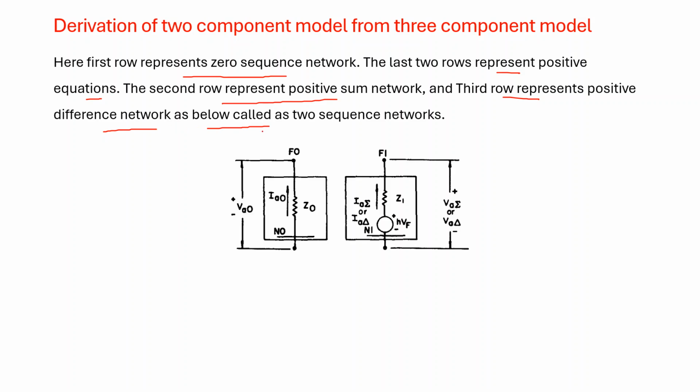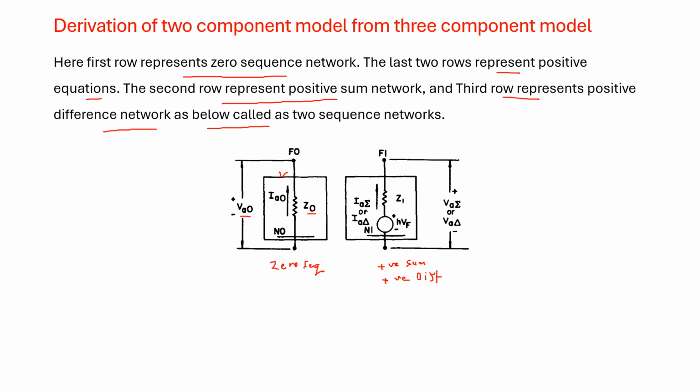So here it is. This is the zero sequence network, with VA naught, IA naught, and Z naught. And we have the positive sum or positive difference network, which are the same.